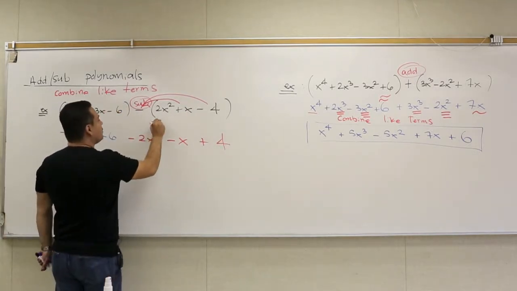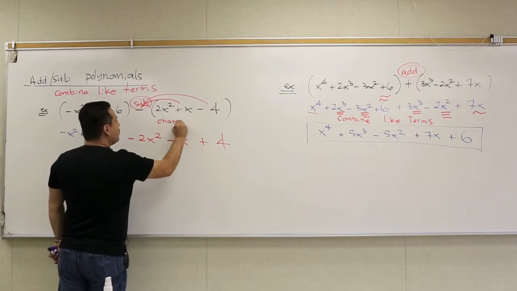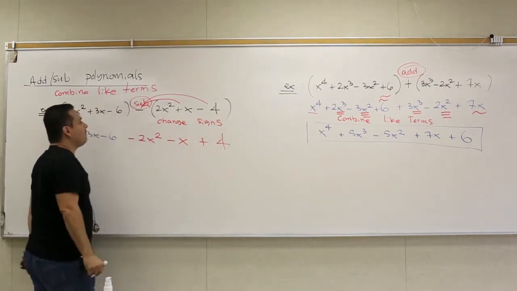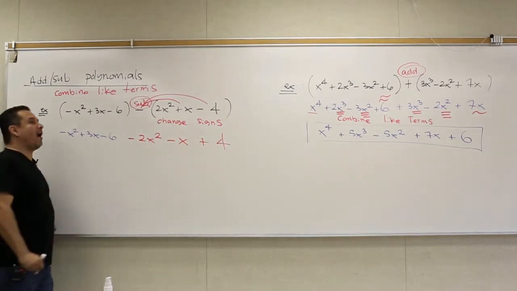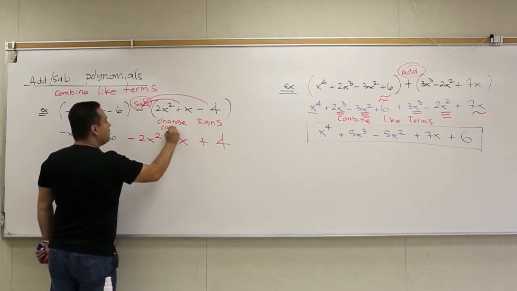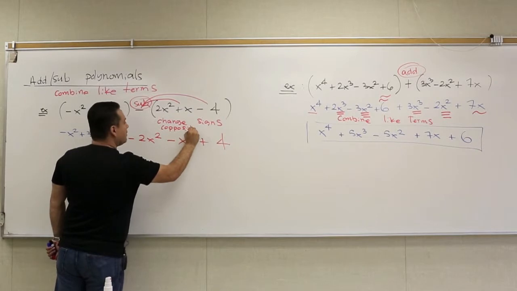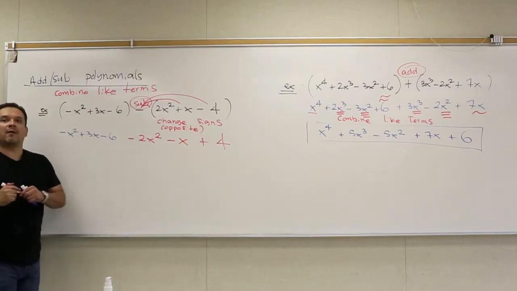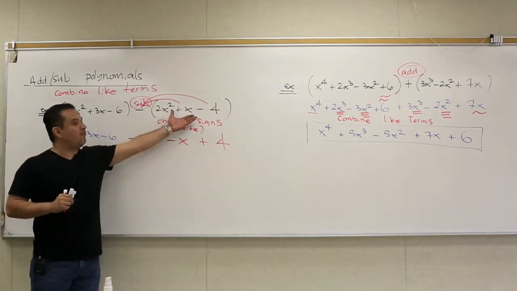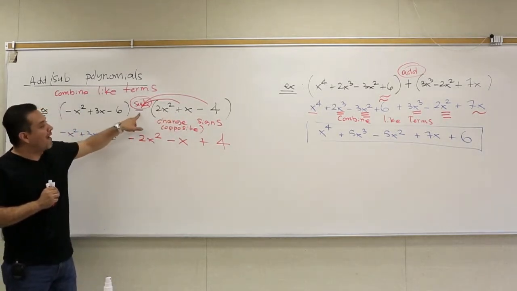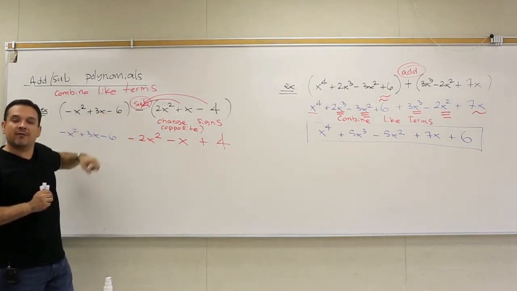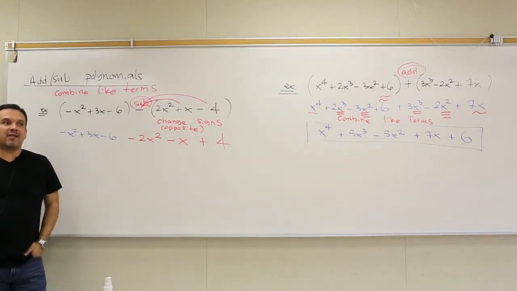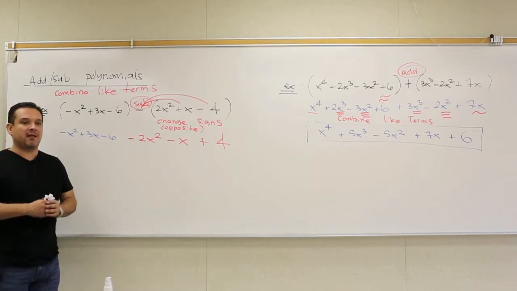I'll even put that in your notes: change your signs to the opposites. We're only changing the signs for the second one that you are subtracting. The first, no change. All right, you guys okay with that? That's the procedure.